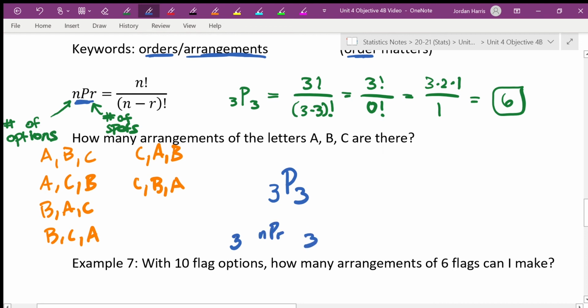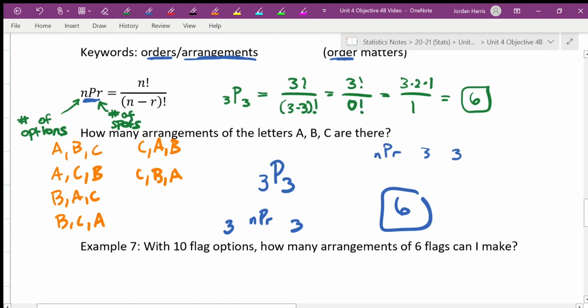So that tells you the n comes first, then the nPr, then the r comes second, and you hit enter, and you get your answer. Some calculators, you have to do the nPr first, and then you hit the n, and then the r after that. So it depends on your calculator, but no matter what, you should get the answer of 6.